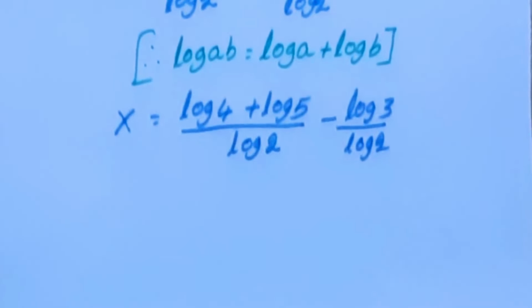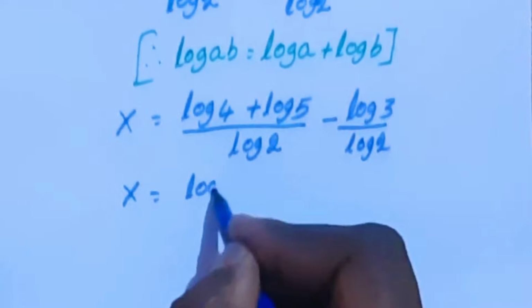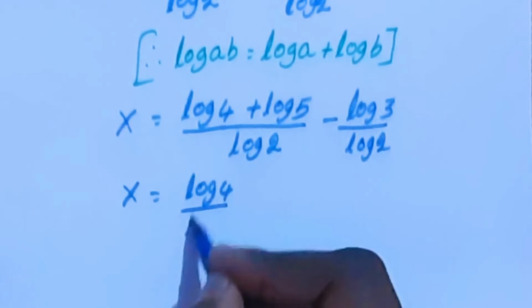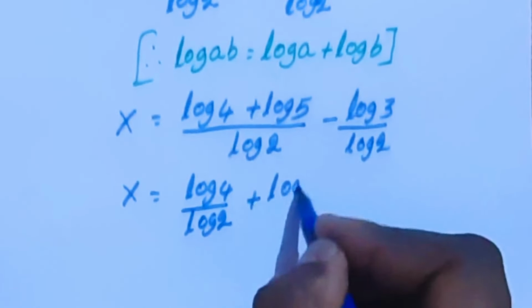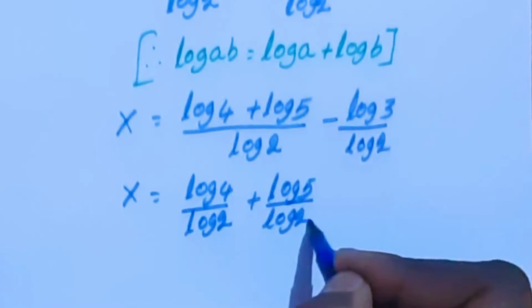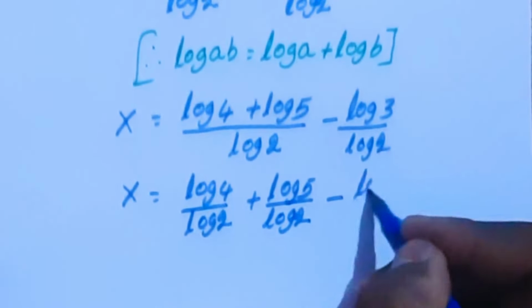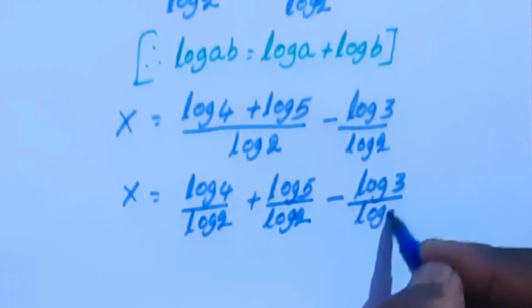Now this can be written as x equal to log 4 by log 2 plus log 5 by log 2 minus log 3 by log 2.